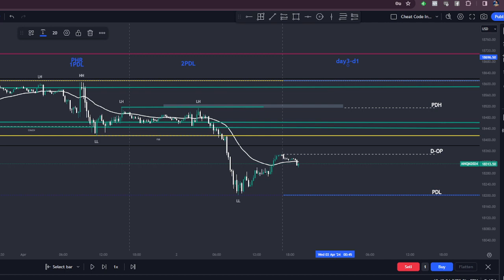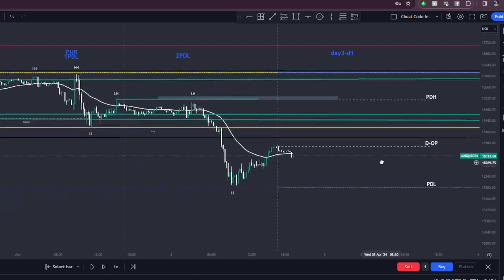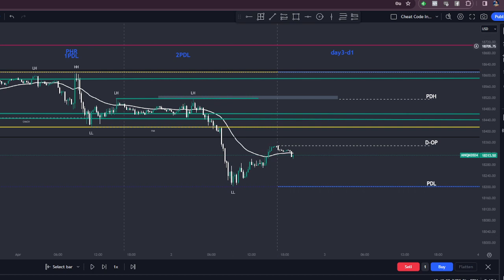So if it is in fact going to reverse today, then what we would expect is a higher high. So right now, this is the open. This is our first high. I don't trade that early, but I'm going to go ahead and mark that.